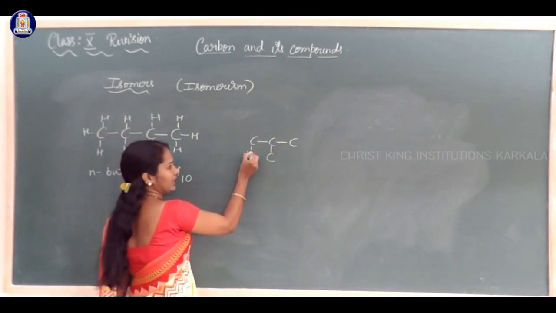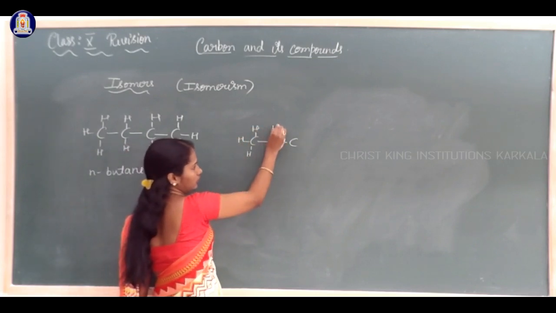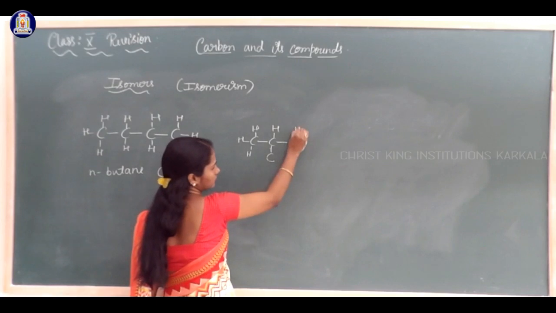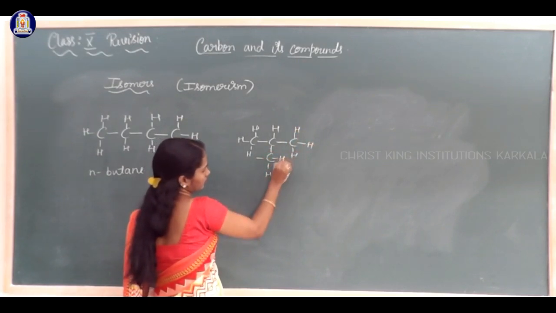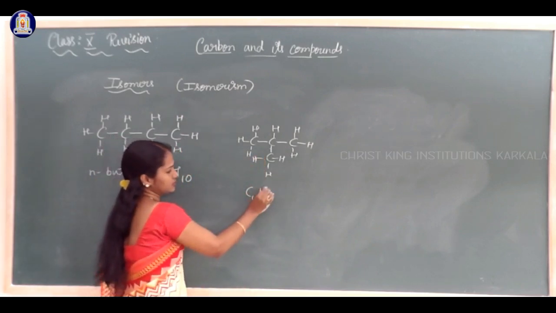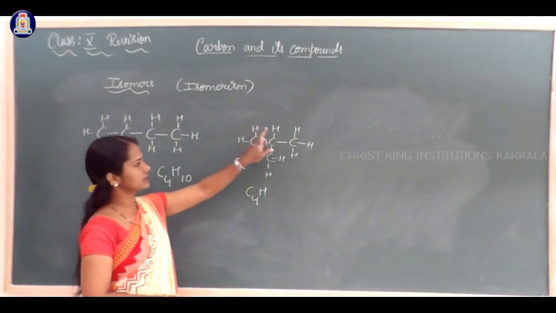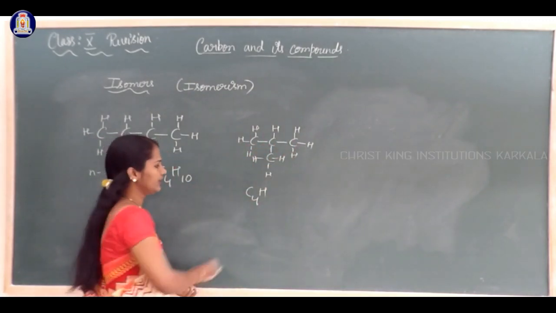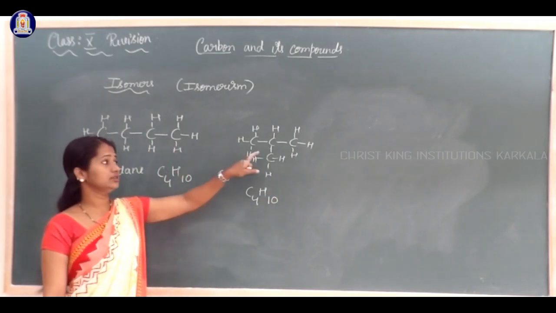To complete the valency of each carbon, 1, 2, 3, 4. There are 4 carbon atoms. How many hydrogens? 1, 2, 3, 4, 5, 6, 7, 8, 9, 10. 10 hydrogen atoms.